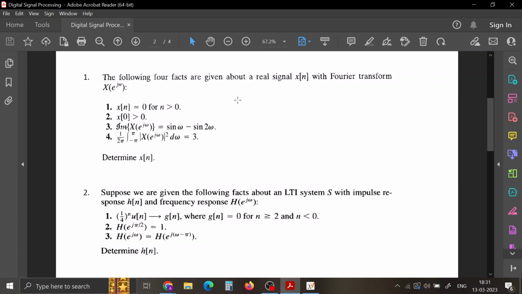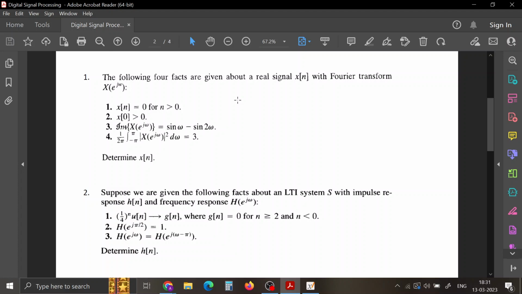In condition 1, x of n is equal to 0 for all positive values of n, that is for n equals 1, 2, 3 and so on, it is 0, and the value of x of n at n equals 0 is some positive value, we don't know.